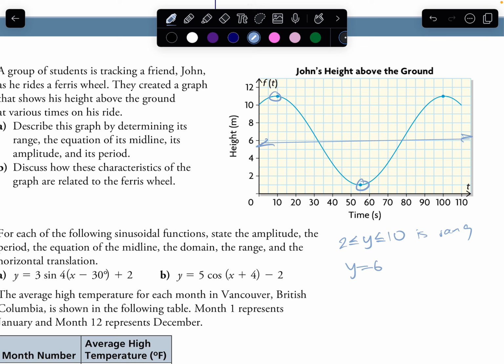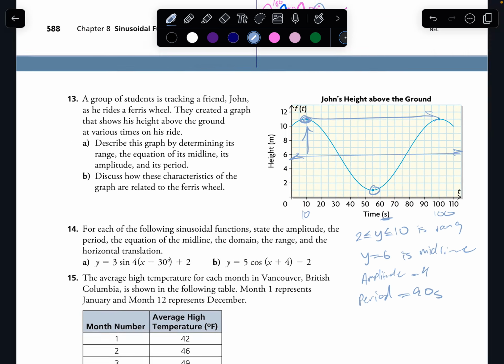So y equals 6, it goes up by 4, so amplitude is 4, and the period, if you go from here back up to the same spot, it's at 10, and at 100, so period is 90 seconds, because the time is in seconds.